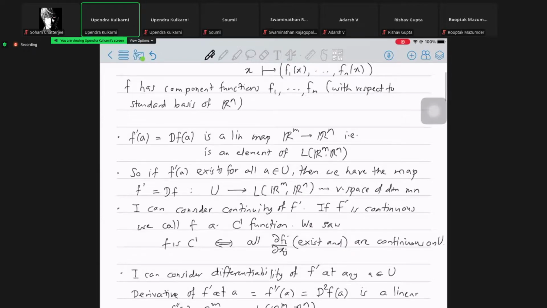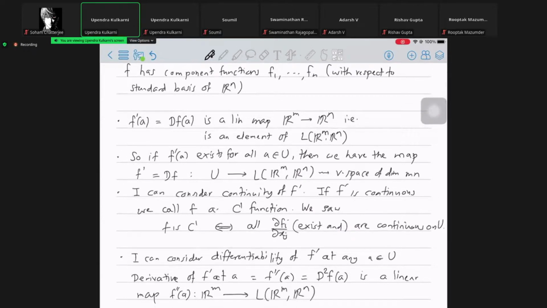Then what were the components of the function f prime? How many components does the function f prime have if it's defined on all of U? M times n, right? And in fact, what are those component functions?